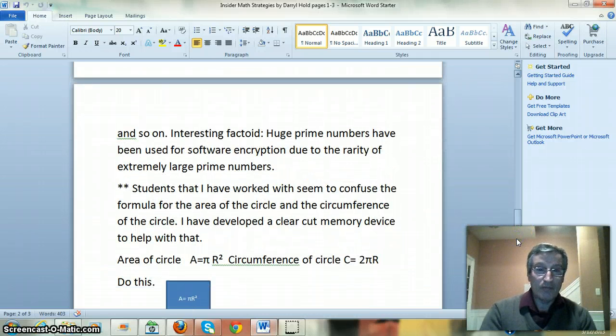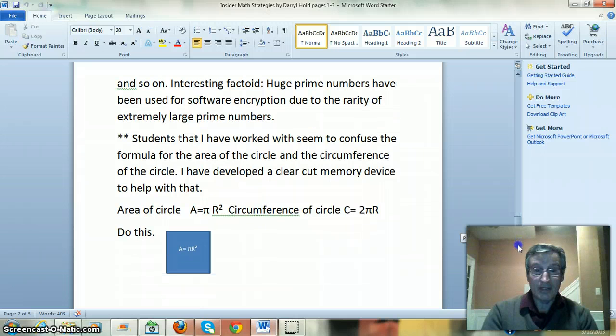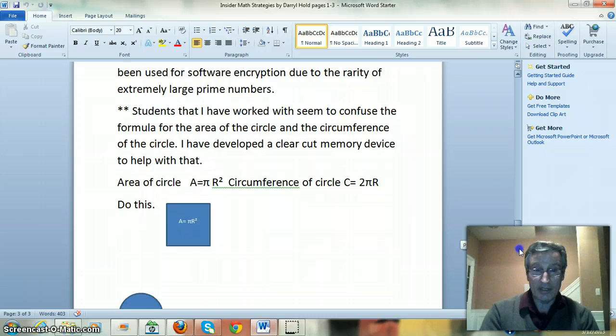Some students that I've worked with seem to confuse the formula for the area of the circle and the circumference of the circle. I've developed a clear-cut memory device to help with that. Here, we have the area of the circle, A equals pi r squared, and the circumference of the circle is C equals 2 pi r. Another formula for circumference is pi times diameter, but we're going to stick with the radius for this.